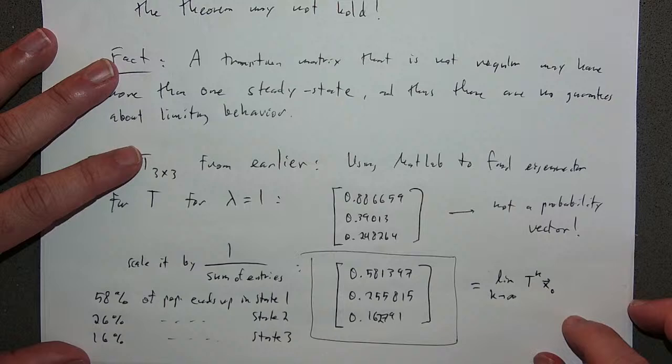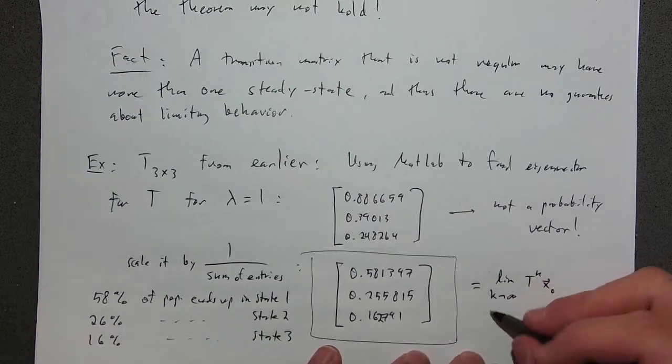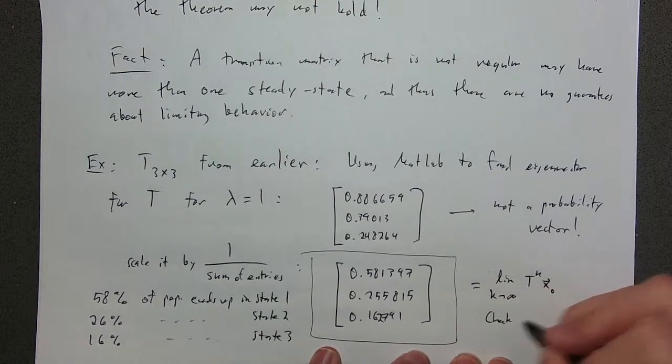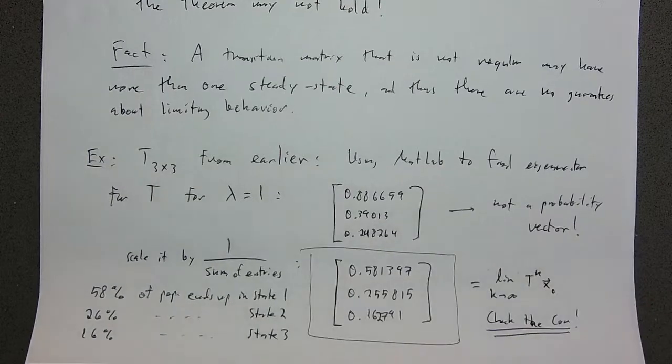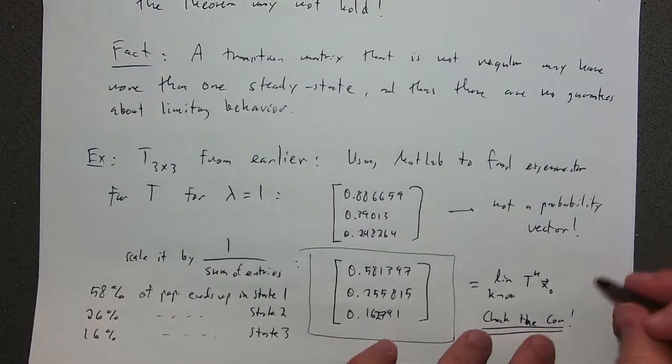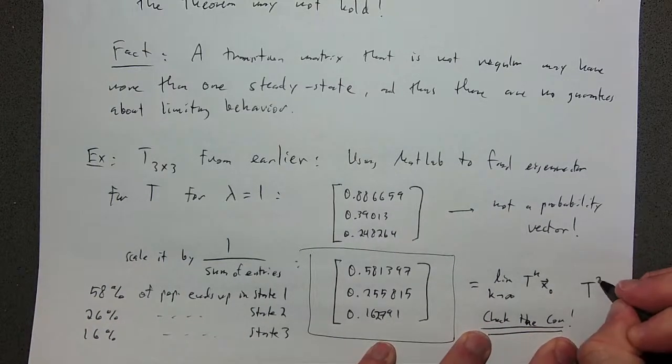Okay. Now, what I want you to do is you can check the corollary. That is, pick your favorite, say, do it for T to the 2000.